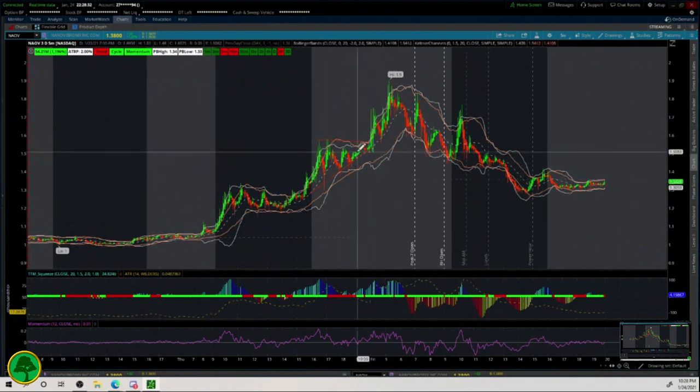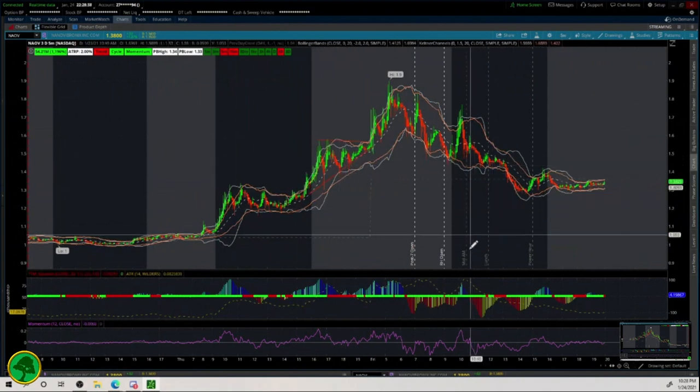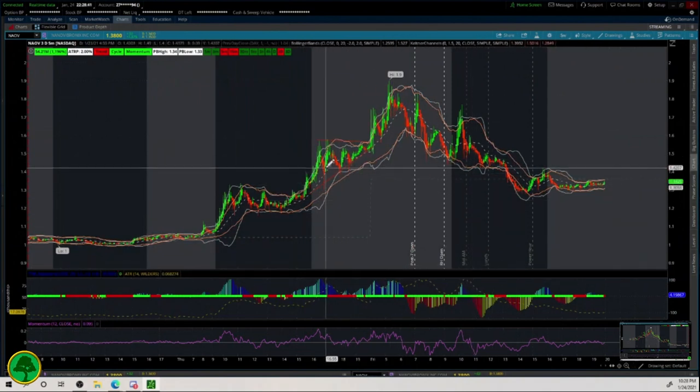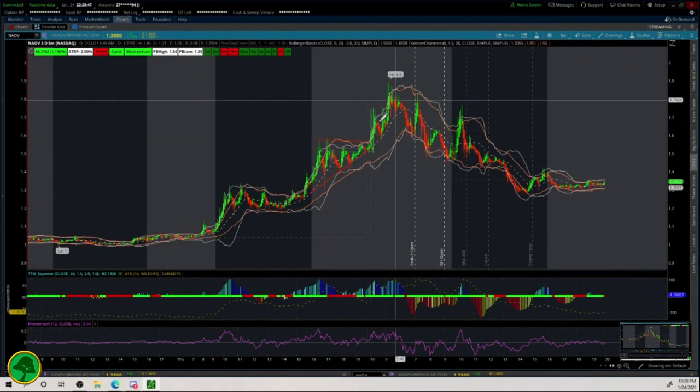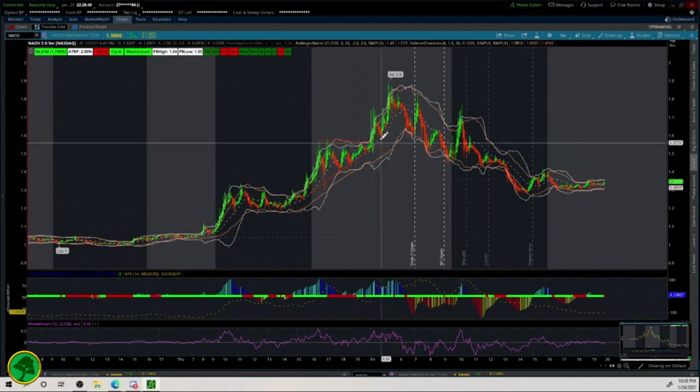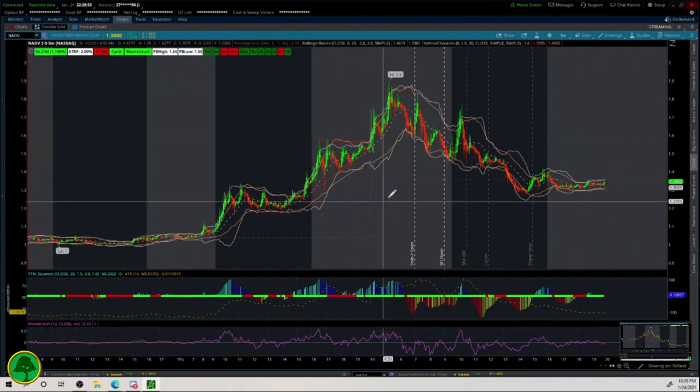All right, so that's the setup I'm playing. So now I already had a low entry because I got in these dips on the spike. So I had a pretty good low entry anyway. I wasn't concerned about it. But once it breaks out from this wedge, you're not playing that setup. So I just wanted to point that out.